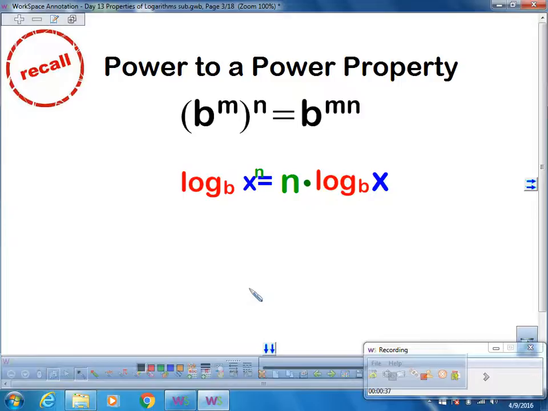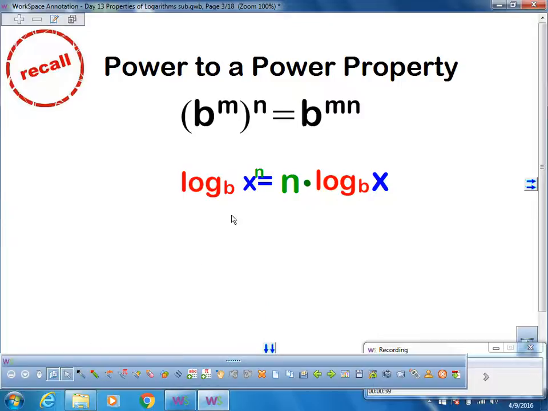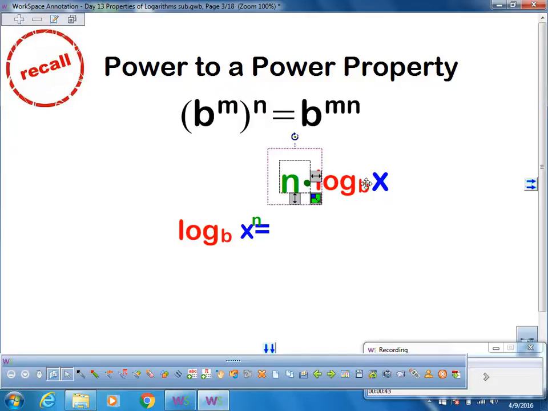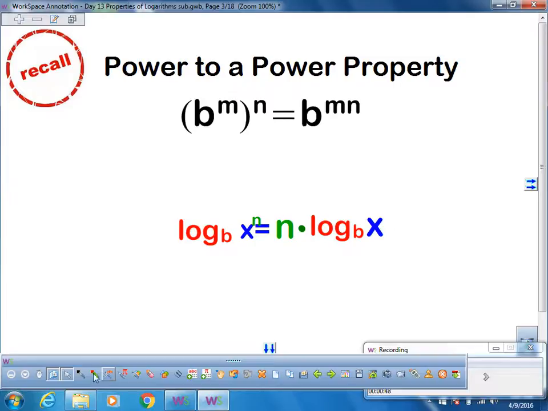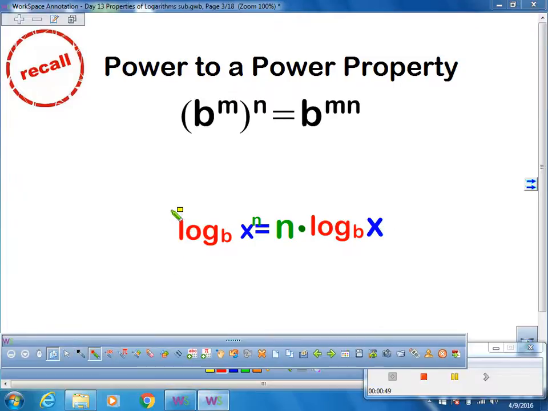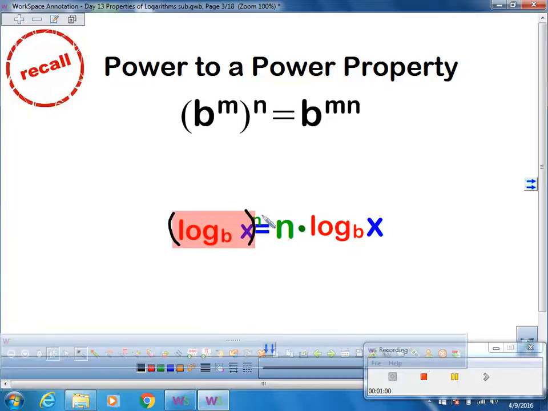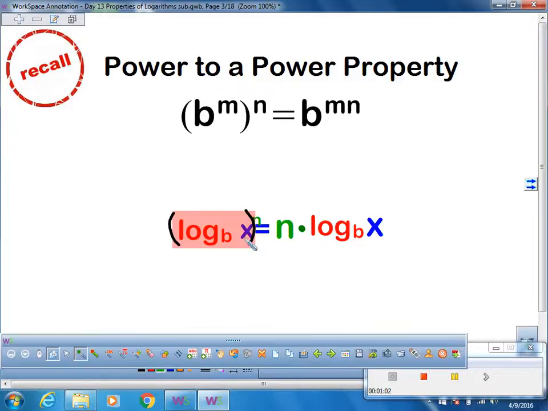Yesterday we talked about the power to a power property. Since log b to the x is an exponent, when we take that exponent and raise it to a power of n, it's like saying we're multiplying the power.